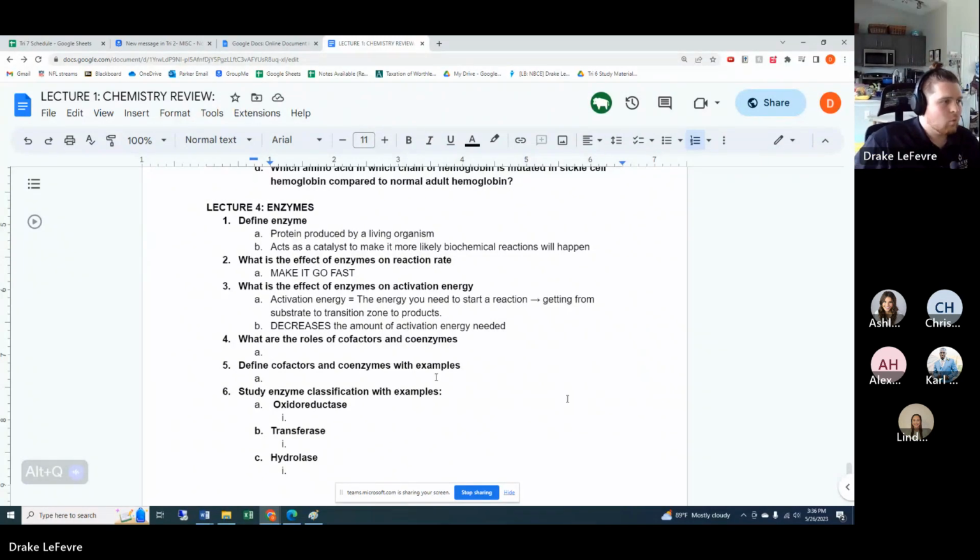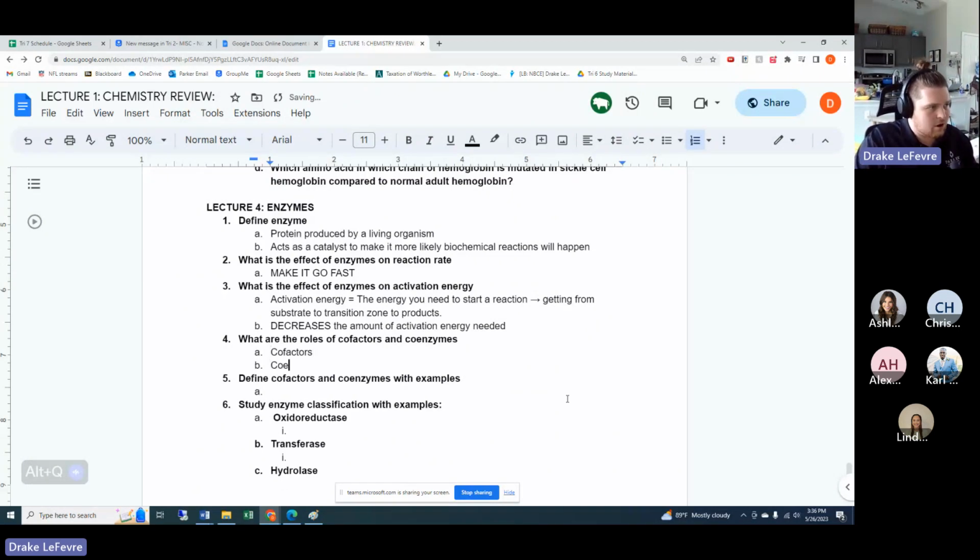Okay. What are the roles of cofactors and coenzymes? First, let's start with cofactors versus coenzymes. Definition time. What is a cofactor, guys? It's a metal ion. Metal ion.